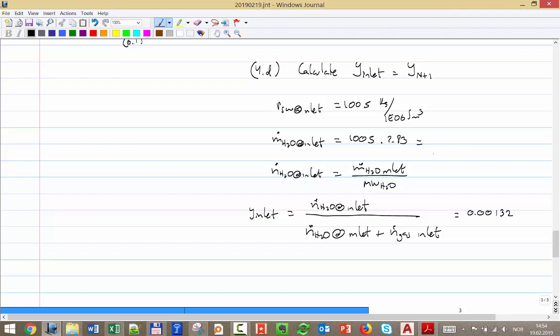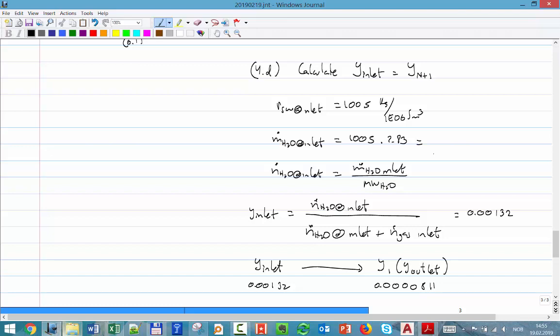So we want to go from Y inlet, which is 0.00132, to Y1, which is the Y at the outlet, which is 0.0000811. Sounds crazy, right? It's just such a small quantity. But that quantity can cause a lot of issues, you could even be fired if you don't care about these 2 extra zeros.